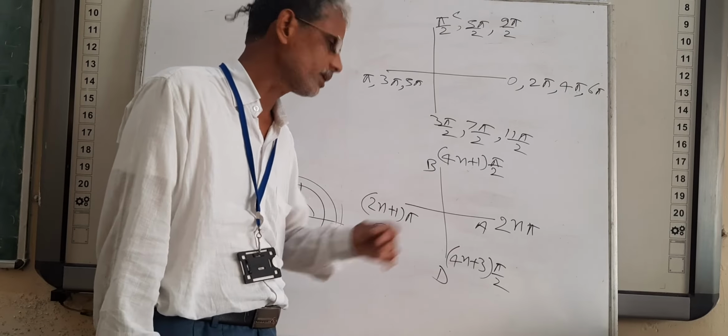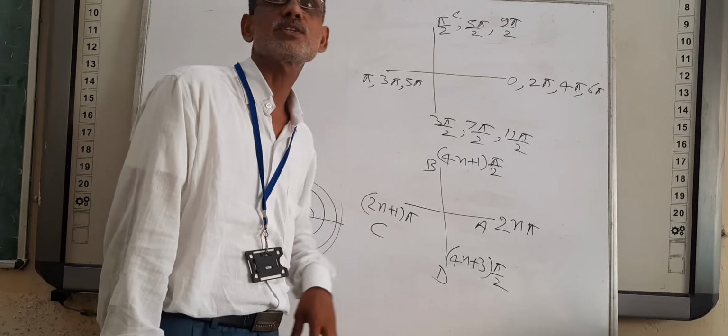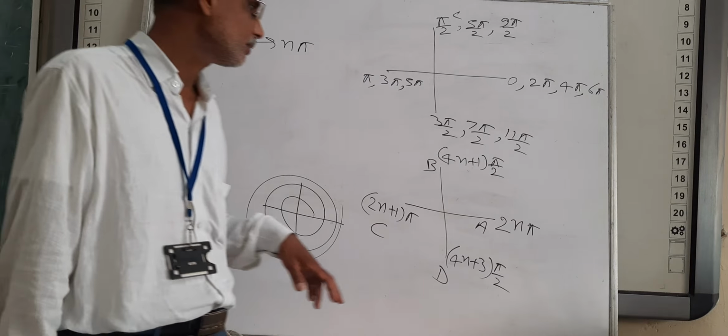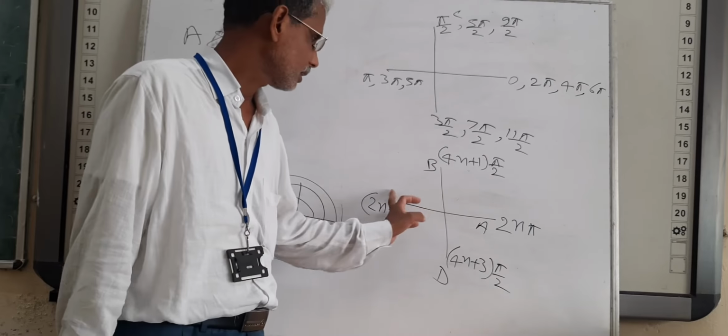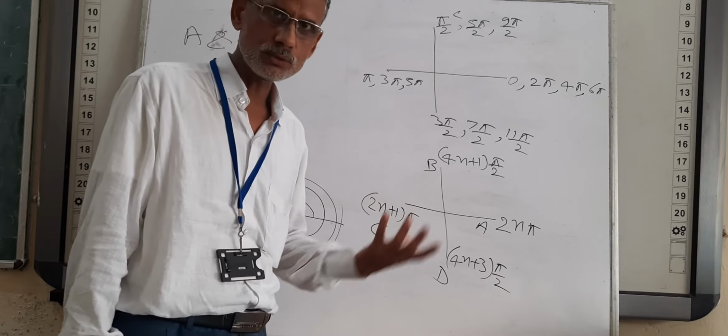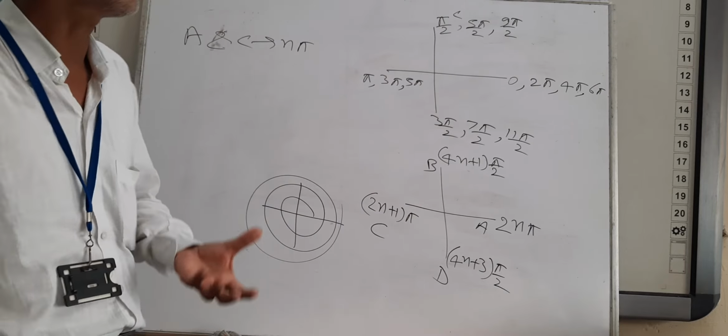D is (4n plus 3) pi by 2. Now the combined name of A and C is n pi. If you add odd and even both, it becomes natural pi or integral pi.